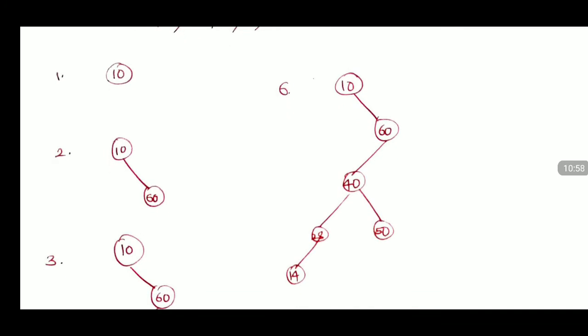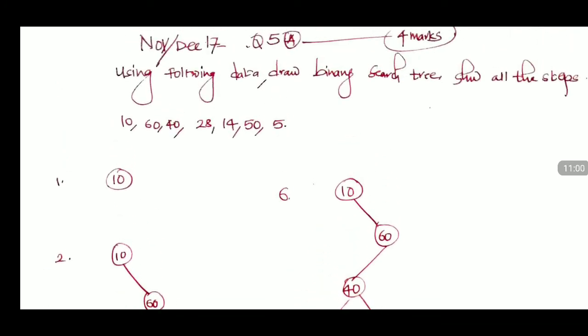Now, a similar kind of construction is for another example, and again it's for 4 marks, and data is 10, 60, 40, 28, 14, 50 and 5. So immediately 10 is the first element, so it's going to become a root.